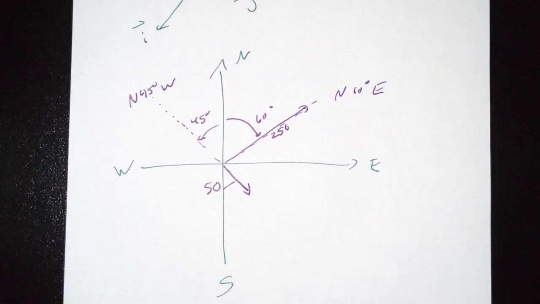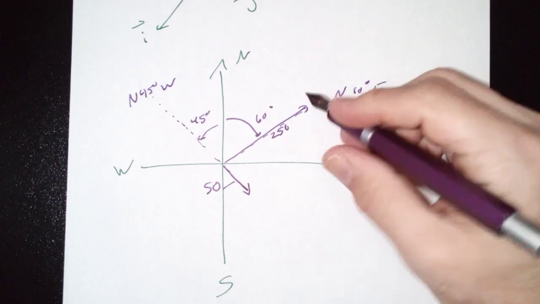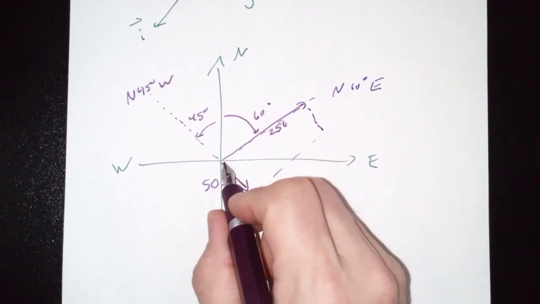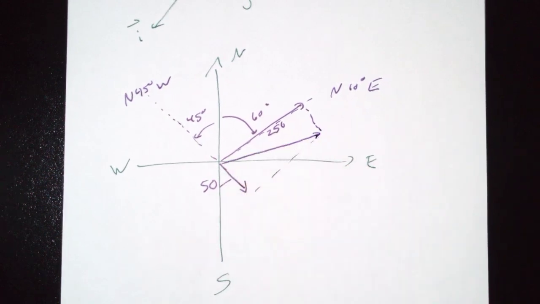So really what I want is to add these two vectors together. And once I've added these two vectors together, I'll know the true course of the plane, and I can even give you its true speed by figuring out the length of that vector, right?